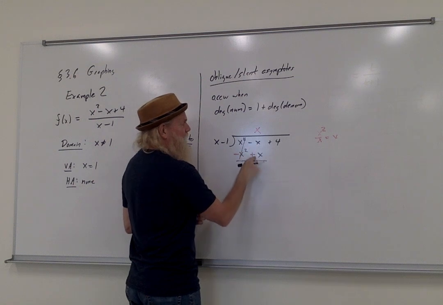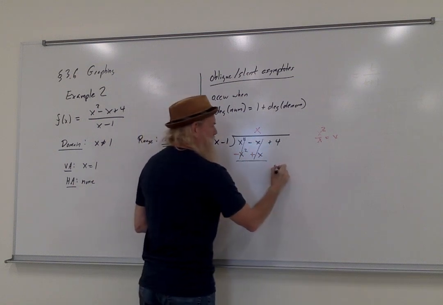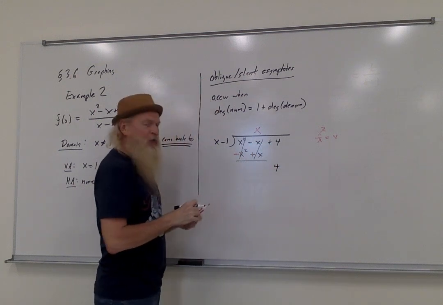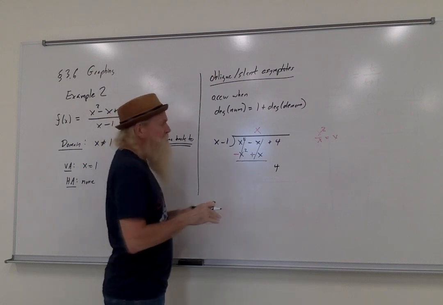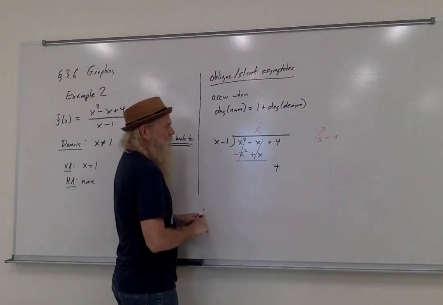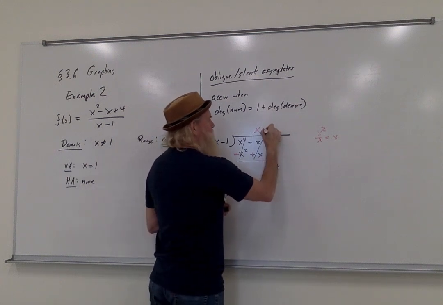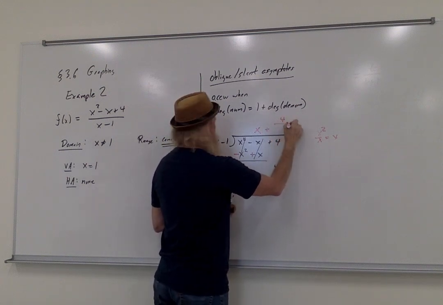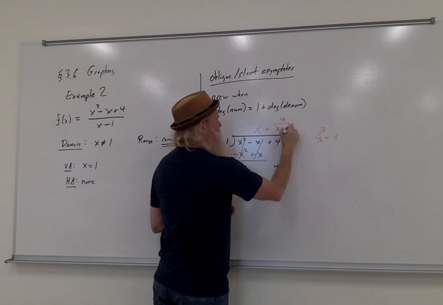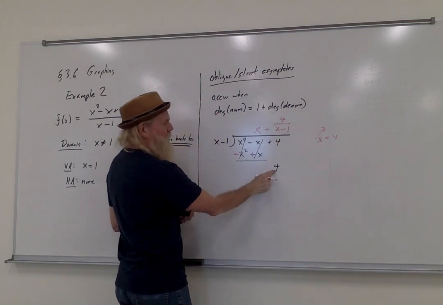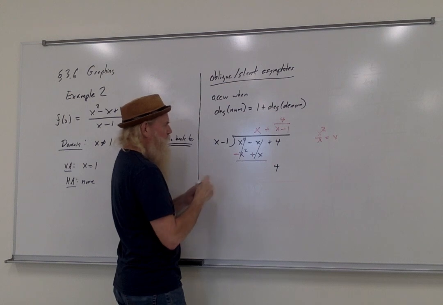Here the negative x and the positive x also cancel. And I end up with the 4 as a remainder. Very often there's going to be an extra term or an extra step in here before you get to a constant. So I'll write that remainder term as 4 divided by x minus 1.